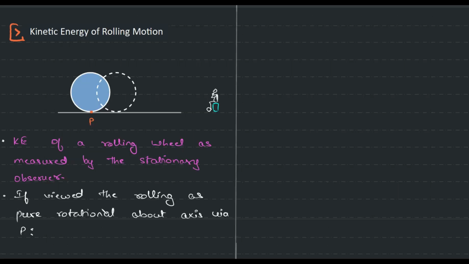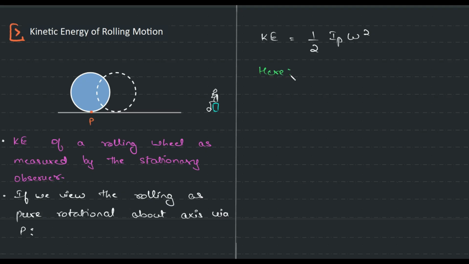This statement means that if we view the rolling as pure rotation about an axis via point P, then the kinetic energy of this wheel can be seen as half I_P omega square.